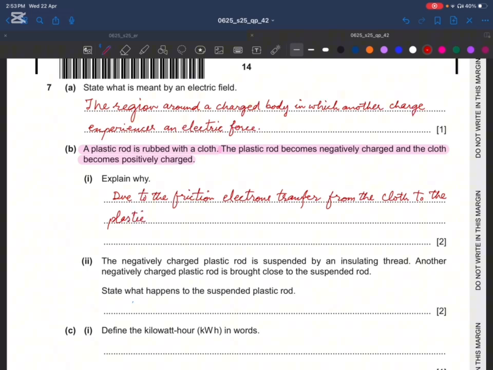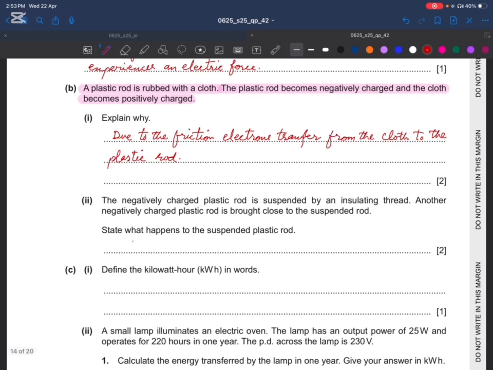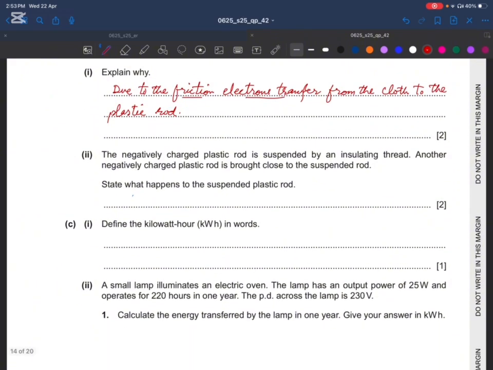And simply you can say that the plastic rod will gain electrons, so it will be a negatively charged rod. So here you have to mention the friction and the electron transfer. This is very important.